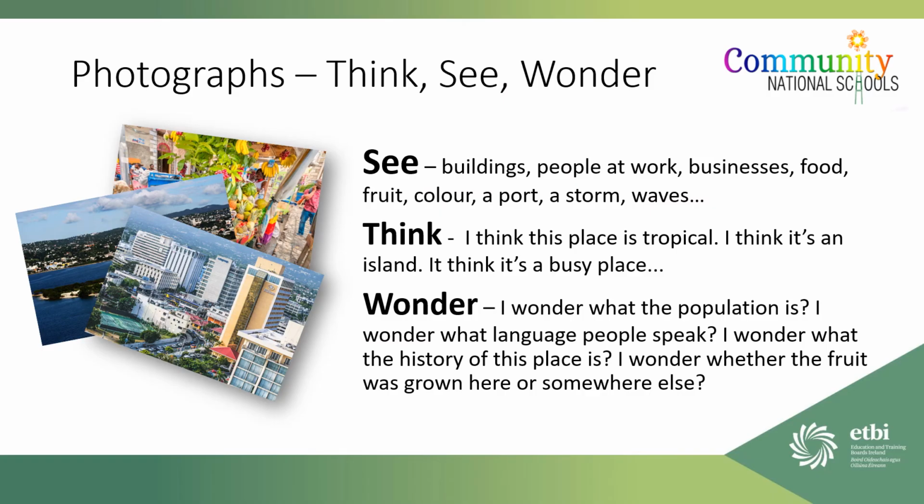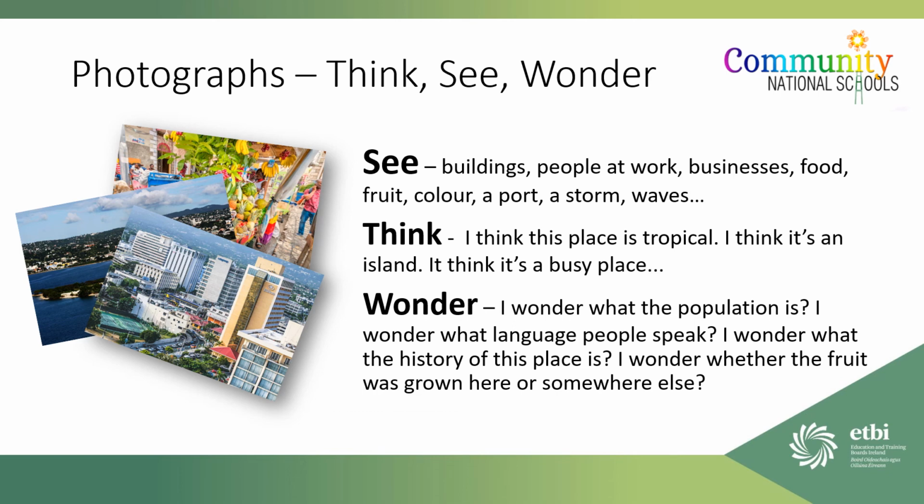When examining the previous images, children might indicate that they see buildings, people at work, businesses, food, fruit, colour, a port, a storm, waves. When reflecting on what they think about these observations, children might state that they think this place is tropical because tropical fruit might be grown there.